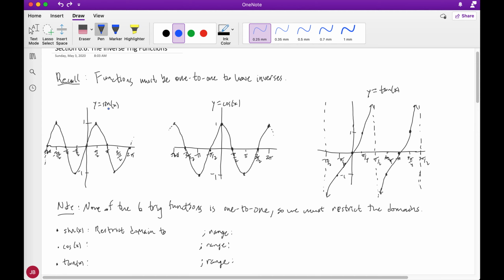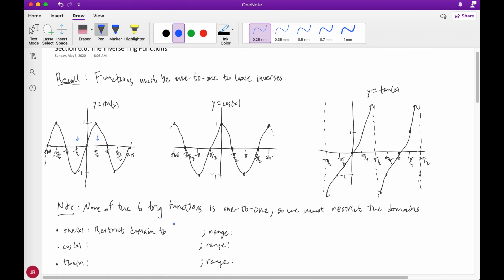Now let's go over to sine and see what we have to do. There's a few choices you can make, but essentially you want to use a part of the domain where the function goes up from minus 1 to 1, or down from 1 to minus 1, right? Here, if we start at minus pi over 2 and end at pi over 2, notice the graph of the function increases and passes the horizontal line test just on this piece from minus pi over 2 to pi over 2.